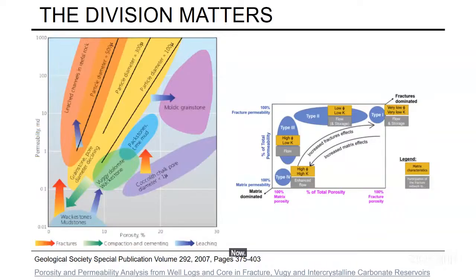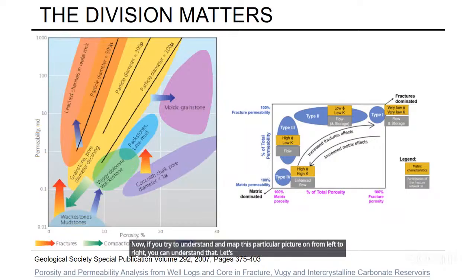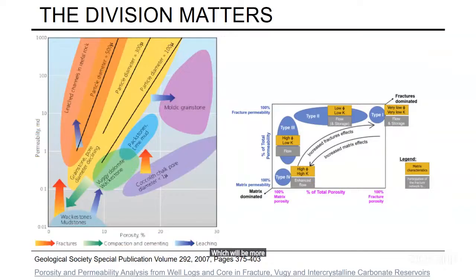If you map this picture from left to right, you can understand that, let's say you are in a moldic grainstone where a lot of leaching has happened. If you are producing from an environment dominated by moldic grainstone, you will have a type 2 kind of facies or lithofacies, where the flow will be more dominated by fractures compared to the matrix.